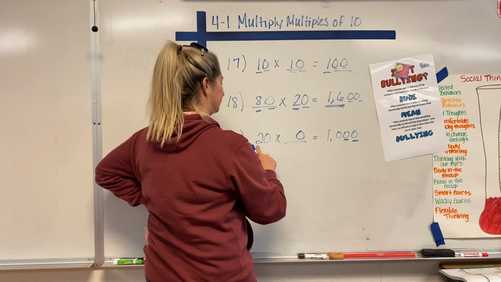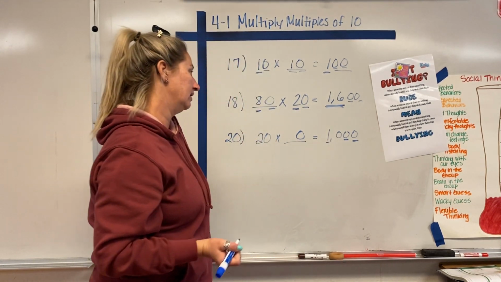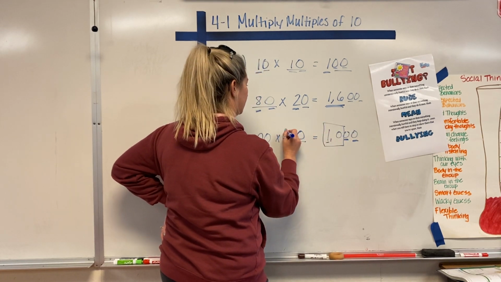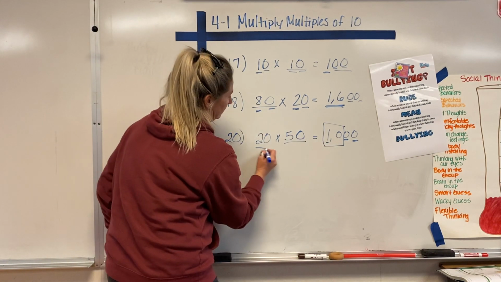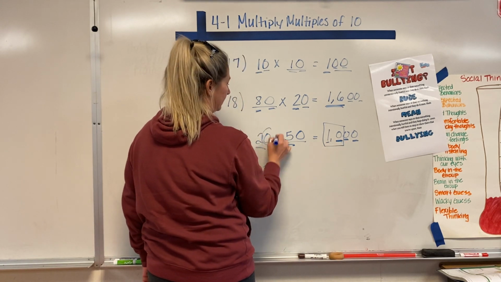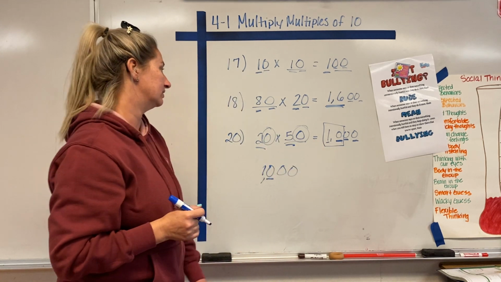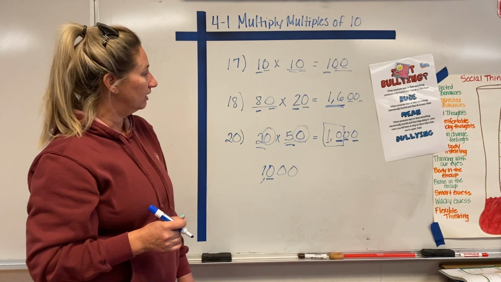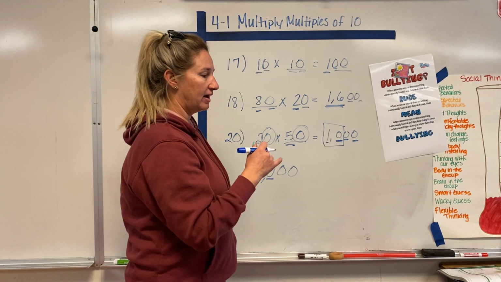And then 2 times, I can't do 2 times anything to get 1, okay, but I can do 2 times 5 to get 10, and that takes care of my other 0, okay, so 2 times 5 is 10, there's the 1 0 here, and then here's my other zeros, okay, so 20 times 50 is 1,000. That one took a little bit more thought because I had another 0 in there that I had to figure out.